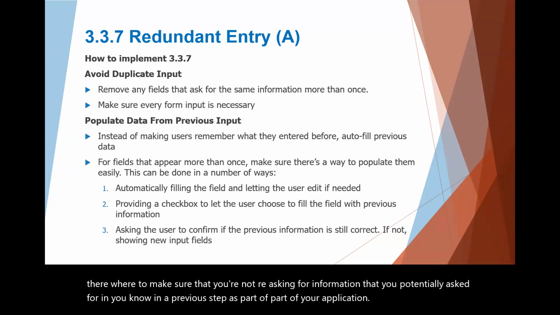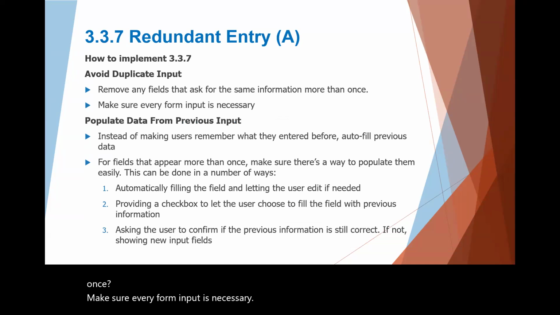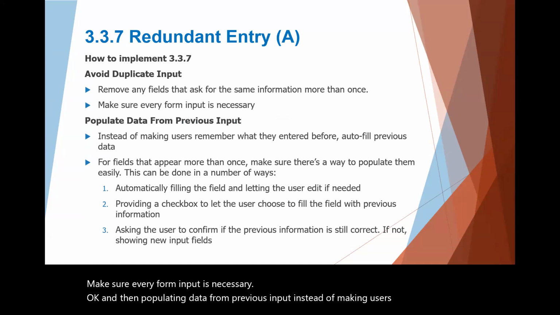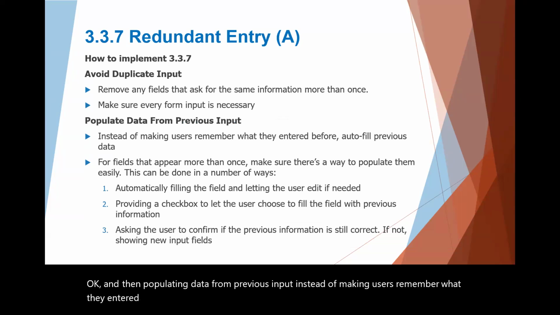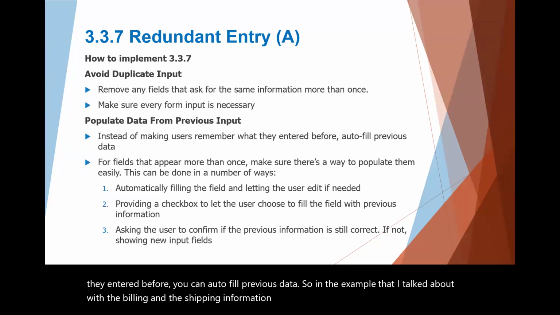How to implement: remove any fields that ask for the same information more than once. Make sure every form input is necessary. Okay, and then populating data from previous input. Instead of making users remember what they entered before, you can autofill previous data. So the example that I talked about with the billing and the shipping information is a great example.